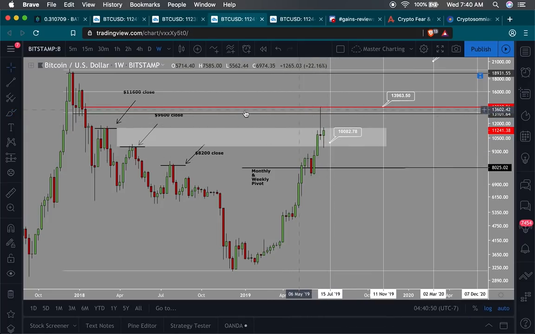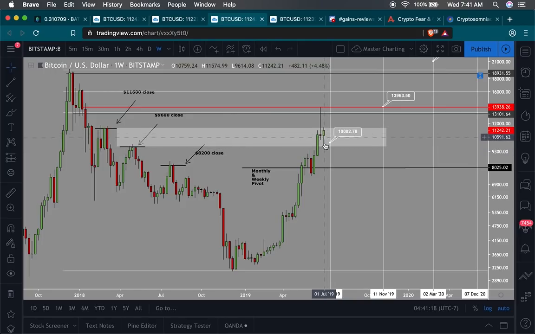So this is why I say that, in my opinion, I still don't see why things look scary, meaning that prices are just going to dump all the way to 7,000 or 6,000, whatever ridiculous number that people are saying, because the momentum is still continuing. Now, if on this weekly itself prices start to close lower, then I would say things are going to look a little bit more bleak, okay?